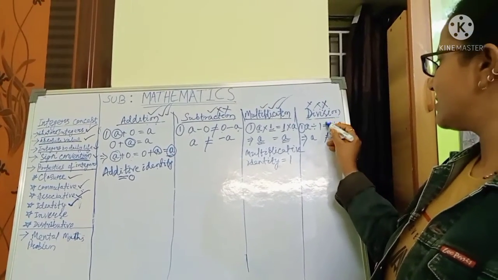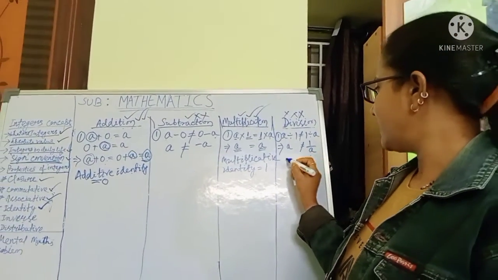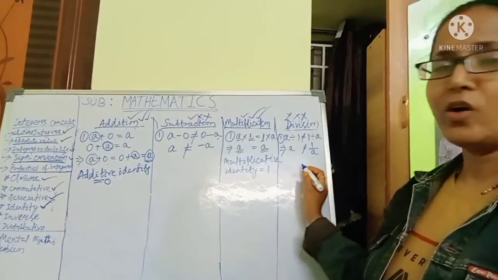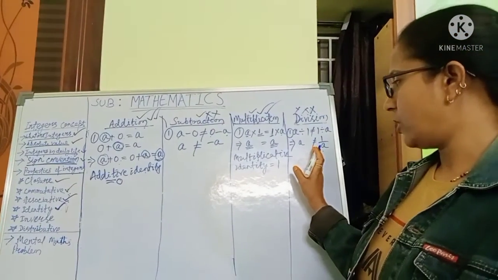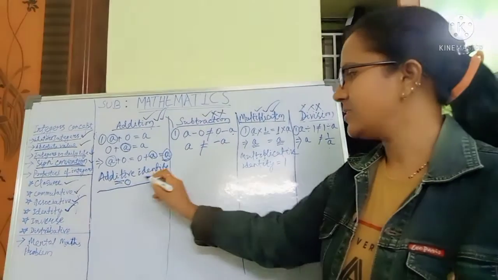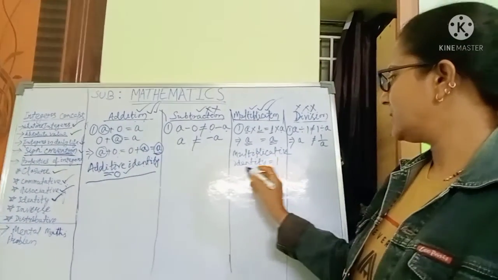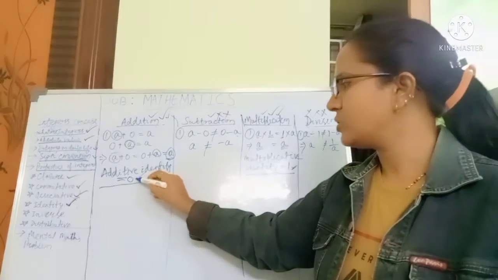So a is not equal to 1 by a. For that reason, division does not have an identity. Only the additive identity, which is always 0, and the multiplicative identity, which is always 1. It is very important to remember.